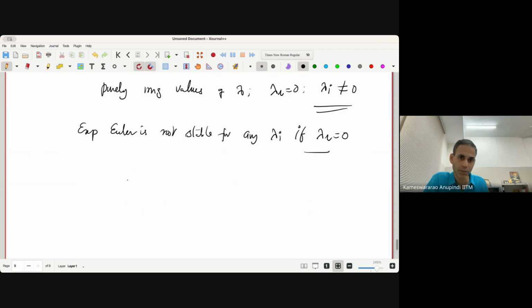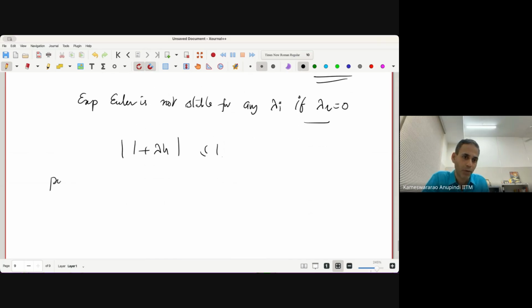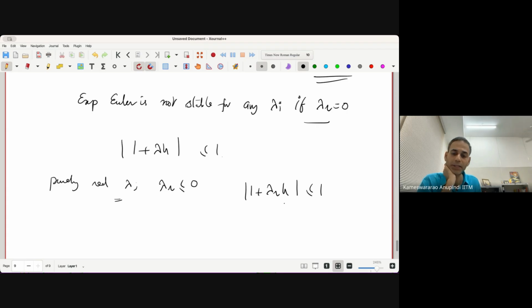then my condition is basically that the modulus of 1 plus lambda h is less than or equal to 1. If I have purely real lambda, then lambda R is less than 0. So 1 plus lambda R h is less than or equal to 1, and lambda R is negative.